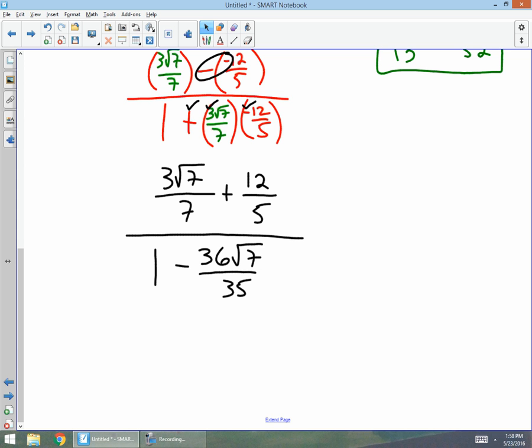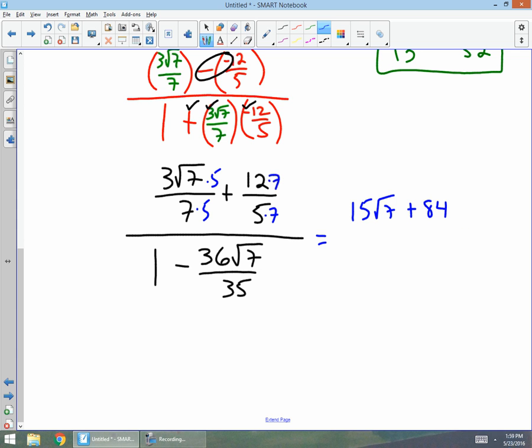So unfortunately, we do need to make some common denominators here. In the numerator, the common denominator is going to be 35. So that gives me 15 square root of 7 plus 84 all over 35, all over, give you time to make sure you're there.